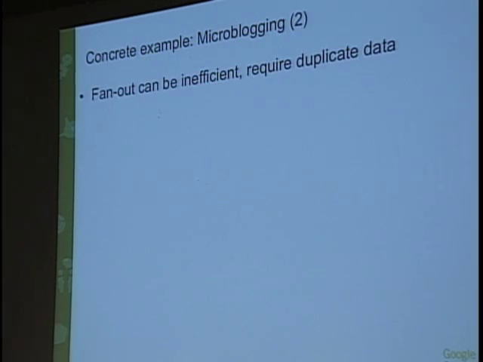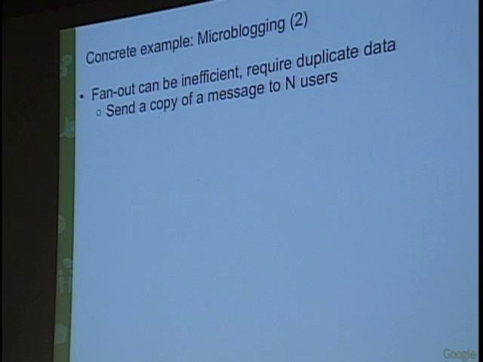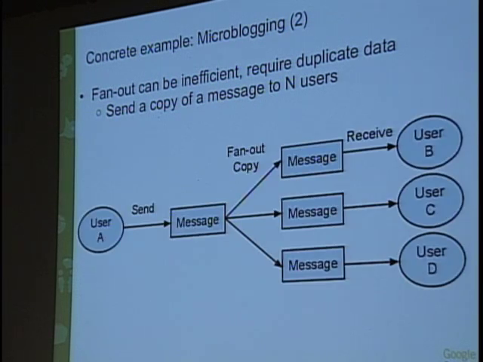Fan-out can be inefficient and can require duplicate data, which you don't want. If you send a copy to n different users, you might do something like this. I send my message, and then I create a copy of that message for each user that it needs to be delivered to. If I have 3 users, as in this example, that's okay, maybe. But if I have thousands or millions of users, that's a lot of data to be copied.